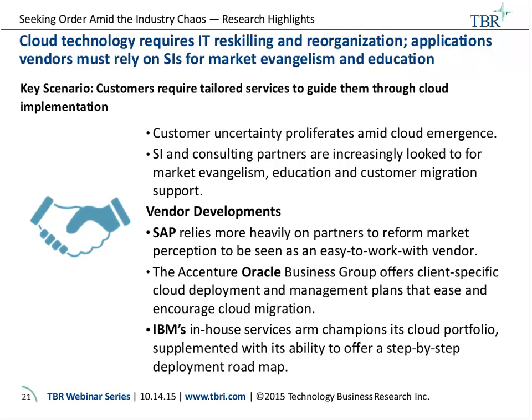Yes, it does support the migration and deployment of other cloud solutions, but primarily of its own, and really helps customers with a step-by-step deployment roadmap through the services-led approach where they're the experts of their own software. So that's similar to what Oracle is doing through its partnership with Accenture, but on IBM's side, it's an in-house services arm, so it is very deeply integrated with the software itself.